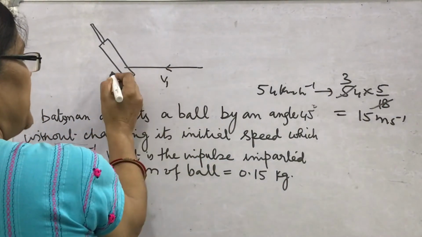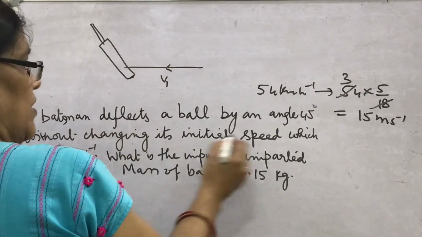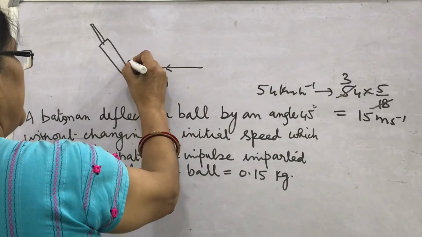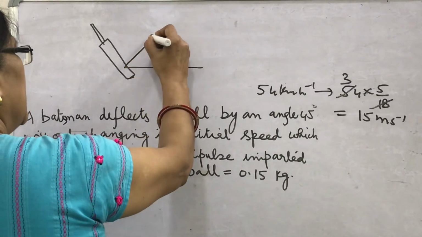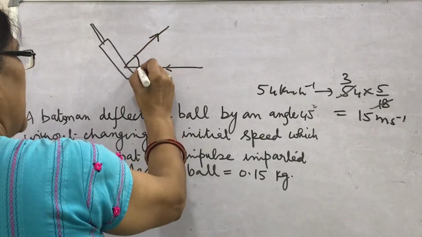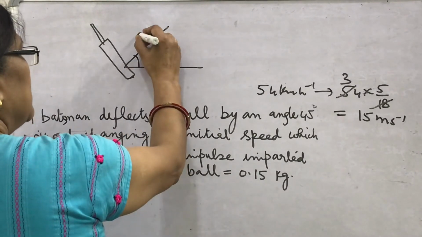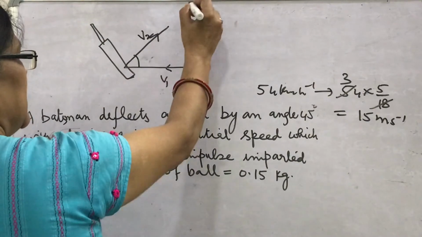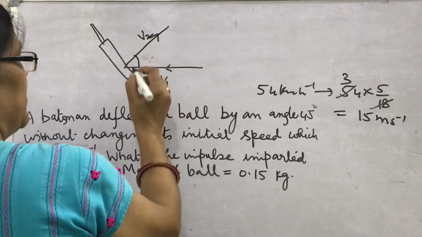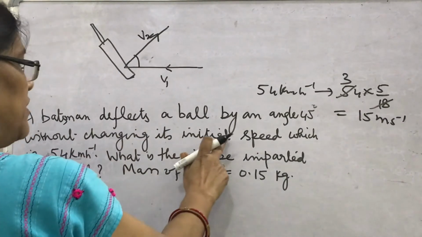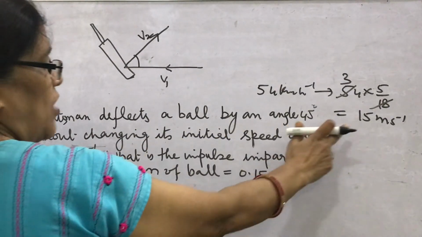So this is the speed v1 and at 45 degrees, from the bat it is hit in this way at the angle of 45 degrees. Since the velocity has a direction difference, I am writing v2, otherwise v1 and v2 have the same magnitude without changing the initial speed. How much? 15.